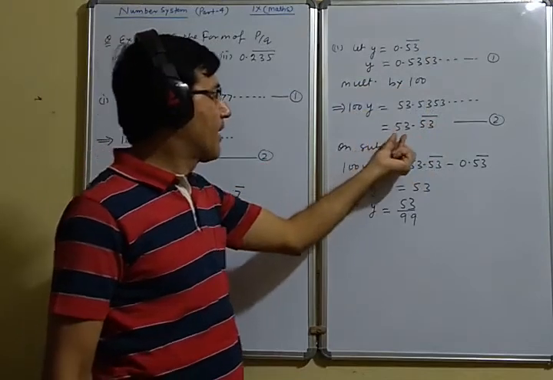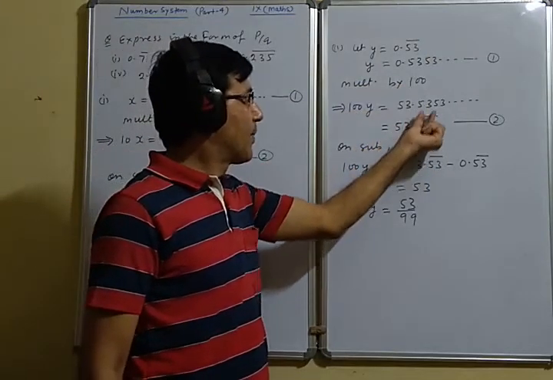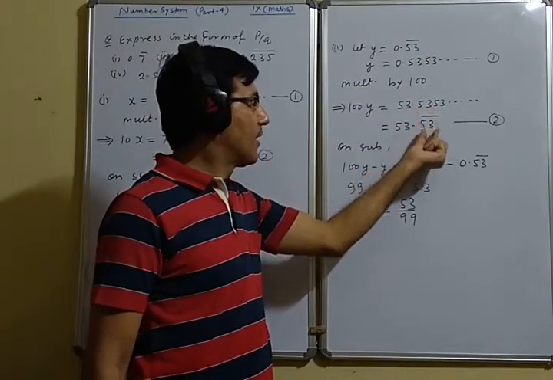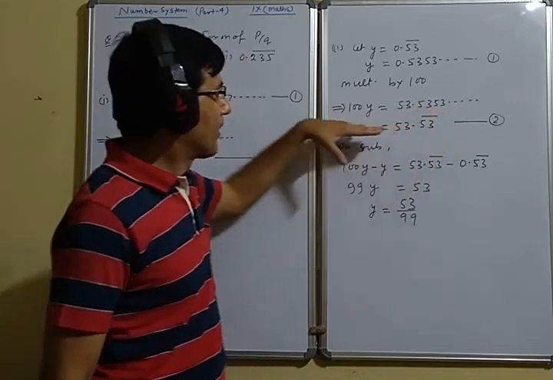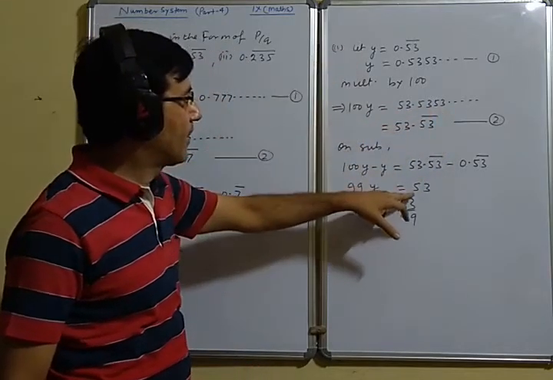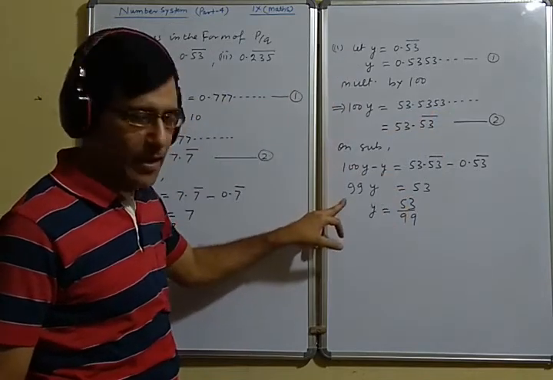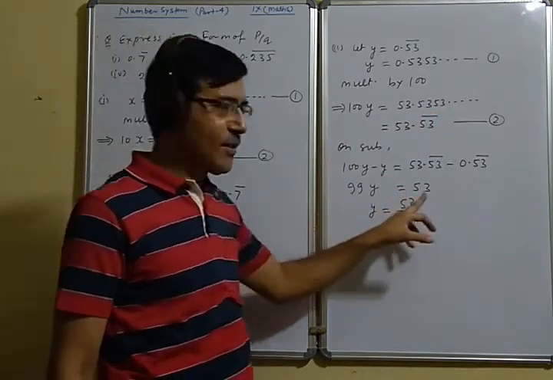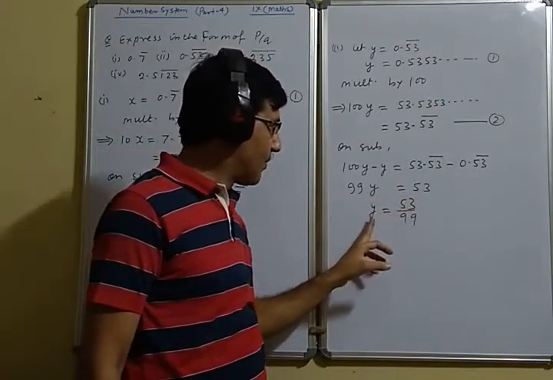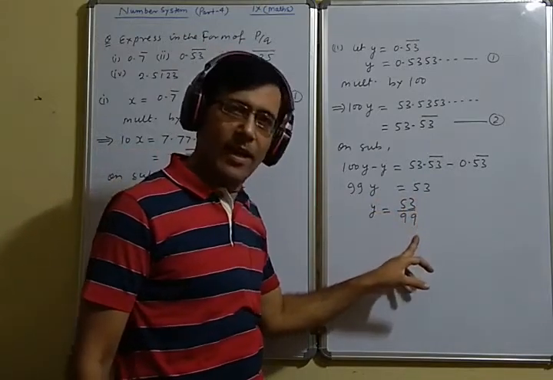So we write 53 point repetition of 2 digits, that is 53. On subtraction we will get 53, and 100y minus y becomes 99y. So 99y is equal to 53, so y becomes 53 by 99.